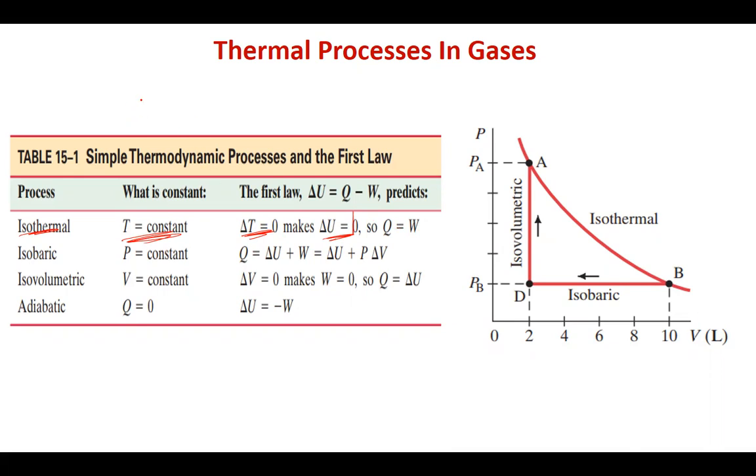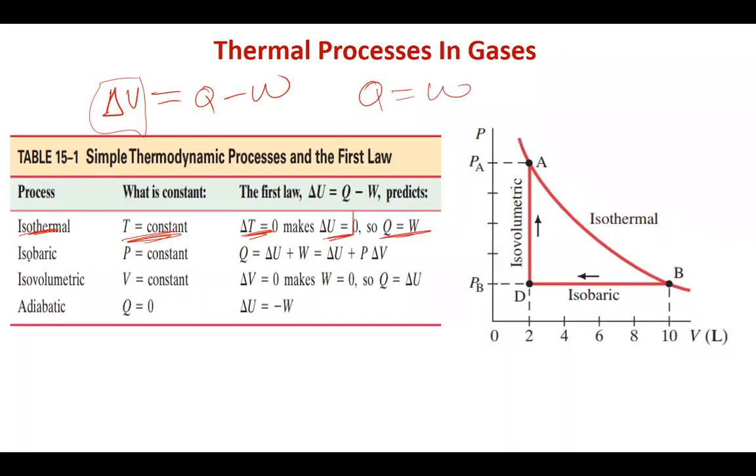If T is constant, you have the change in internal energy is equal to Q minus W, and that will be zero, meaning Q is equal to W. This is what they're trying to illustrate here.